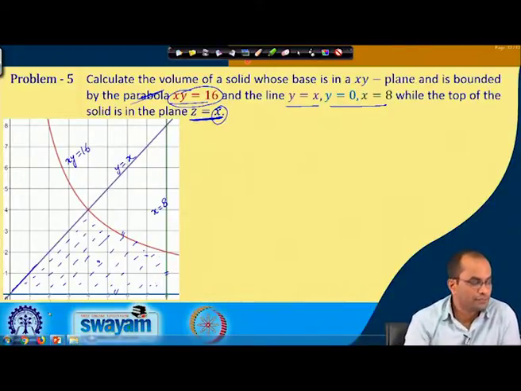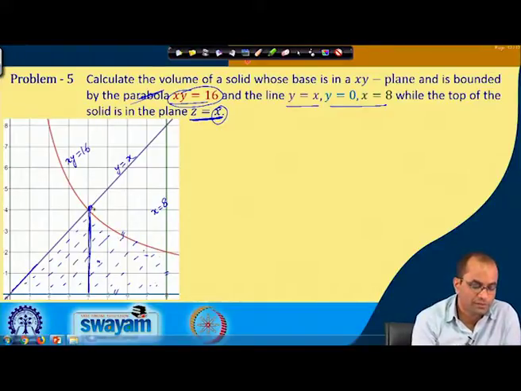If we go in the direction of y first, we again have these two regions. One is from y equals 0 to the curve y equals x, and then from 4 to 8 we have a different curve.